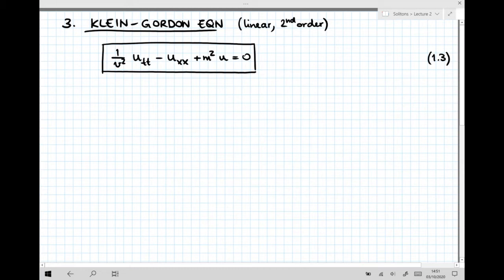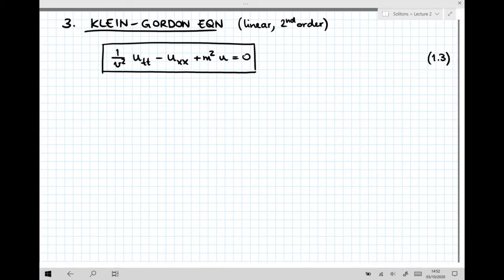It's the first example of a relativistic wave equation if we interpret the parameter v as the speed of light. It was written independently by Oscar Klein and Walter Gordon in 1926. Klein and Gordon hoped that this equation would describe relativistic electrons of mass m. It turns out that that's not quite the case. You need a different equation called the Dirac equation to describe electrons.